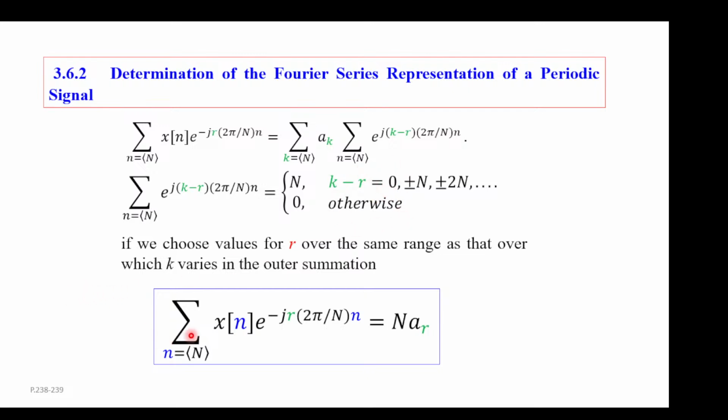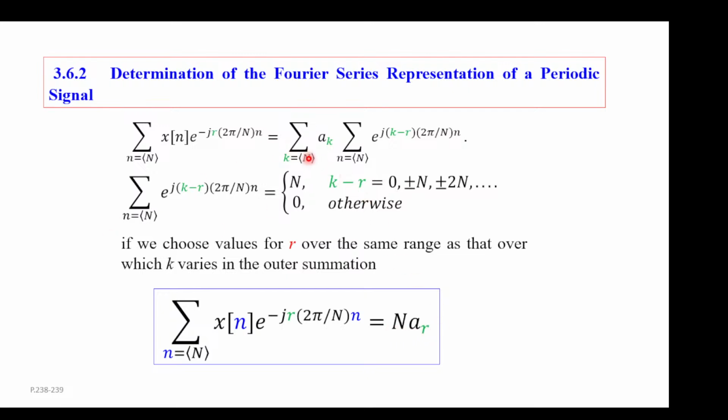If we choose r in this range, then on the left hand side it's this thing, and on the right hand side, when you sum over this n, you only have value when k equals r.